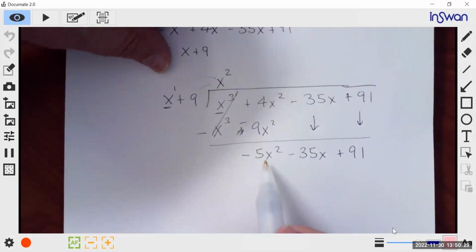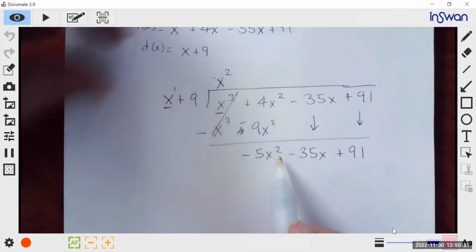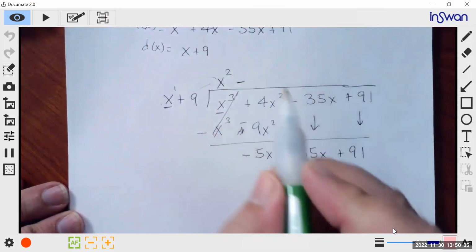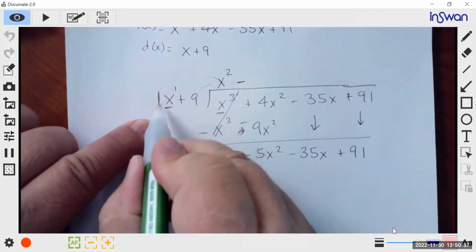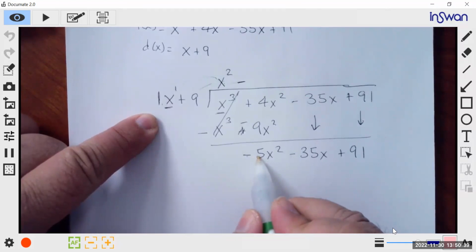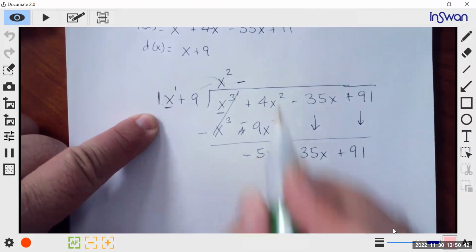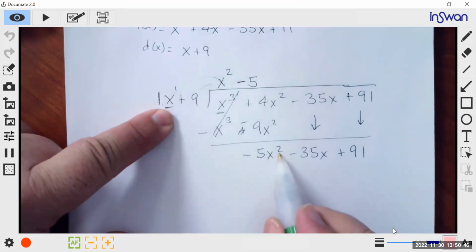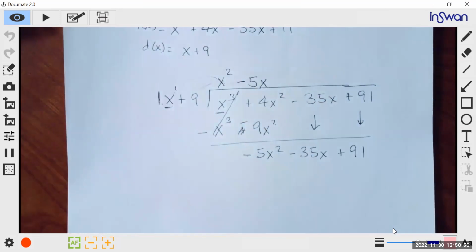Since there's a number down here in front of the x, positive times negative is negative. What times 1 gives you 5? 5. I have 1x. I need to have 2. How many am I missing? One more.